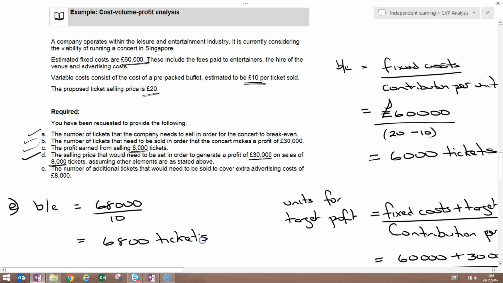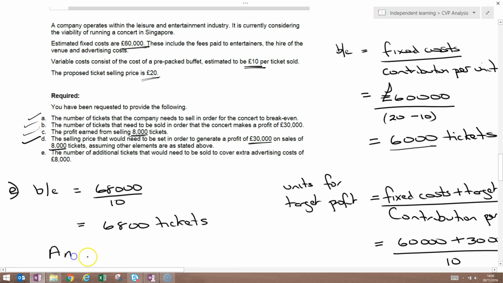So when we've got an extra £8,000 worth of fixed costs, our ticket sales have to go up to 6,800. Previously, they were 6,000. That's what we calculated over here. So we're selling an extra 800 tickets. So to cover the extra fixed costs of £8,000 would require an extra 800 tickets to be sold.